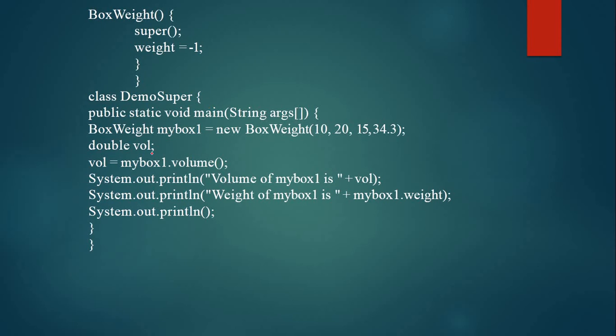So if we create a BoxWeight object and pass the values 10, 20, 15 and 34.3, this BoxWeight object will pass these values to its constructor.